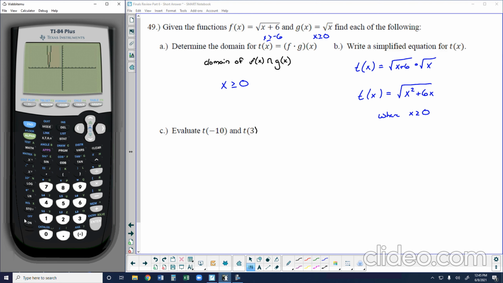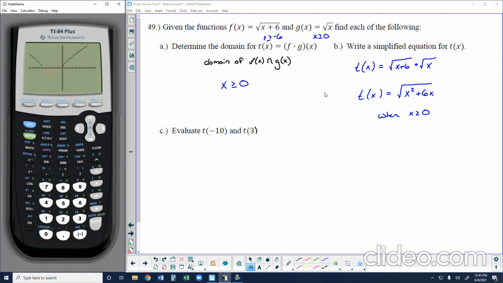If I were to take a look at my function on my graphing calculator, square root of x squared plus 6x, sorry, I pulled that out of the root. I need that in the root. Square root of x squared plus 6x, and looking at the graphing calculator, you're going to see a domain where x is greater than or equal to 0 and where x is less than or equal to negative 6.